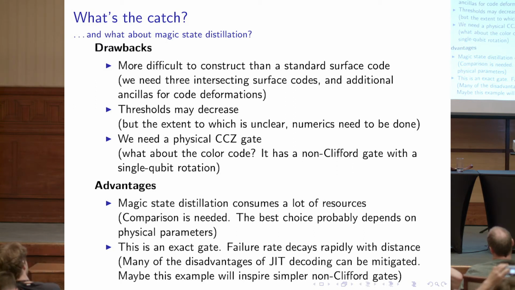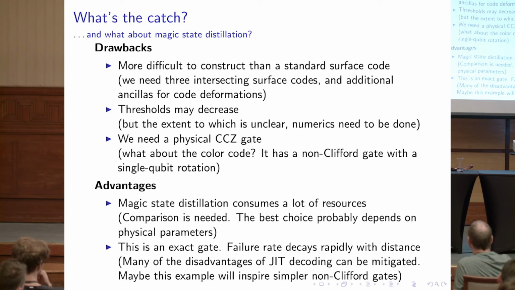Another trouble is we need a physical CCZ gate. Shruti actually mentioned one of those, so that's kind of cool. But not many people have tried to build a CCZ gate, a 3-qubit interaction, in the lab. And in fact, maybe this is the color code's chance to shine, because, as I said, all these ideas came from a paper by Hector, where he did a transversal T-gate, and there you only have to do a single qubit rotation, not a 3-qubit rotation.